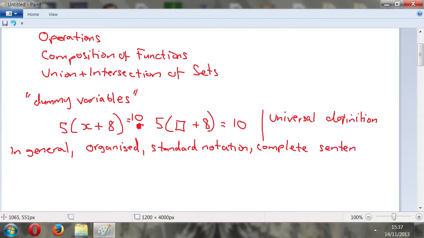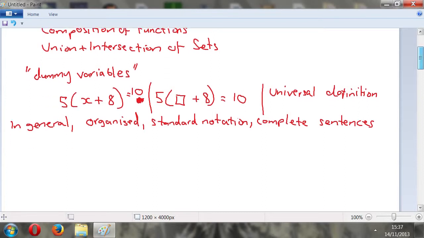That way there's no need for there to be any kind of doubt. Well, there shouldn't be any if it's done properly, as to what is being expressed, whether it may be the equation or an inequality, perhaps.